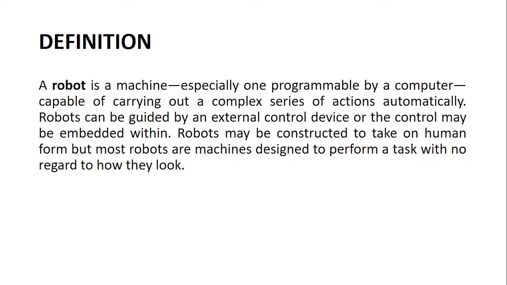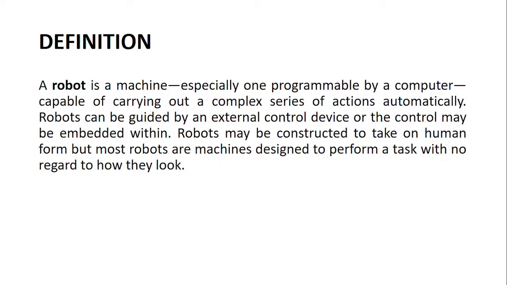So we need to be careful. That type of predictive behavior can be implemented in a robot. So these are the new type of robots. This definition fits very well with the robots that we use these days.